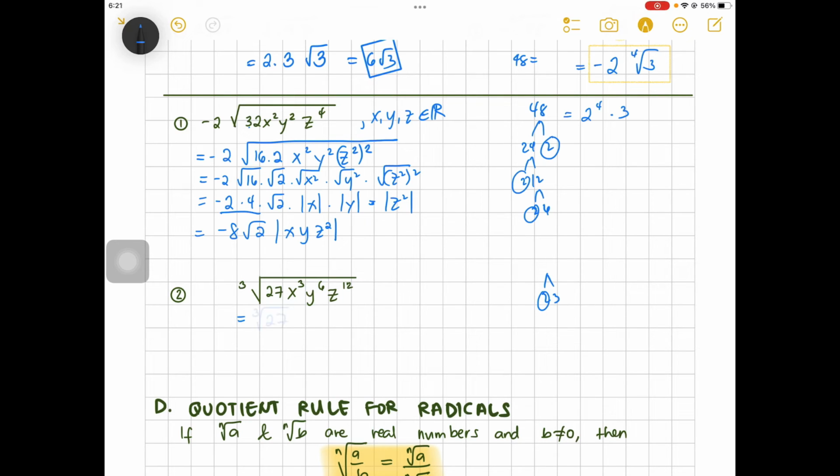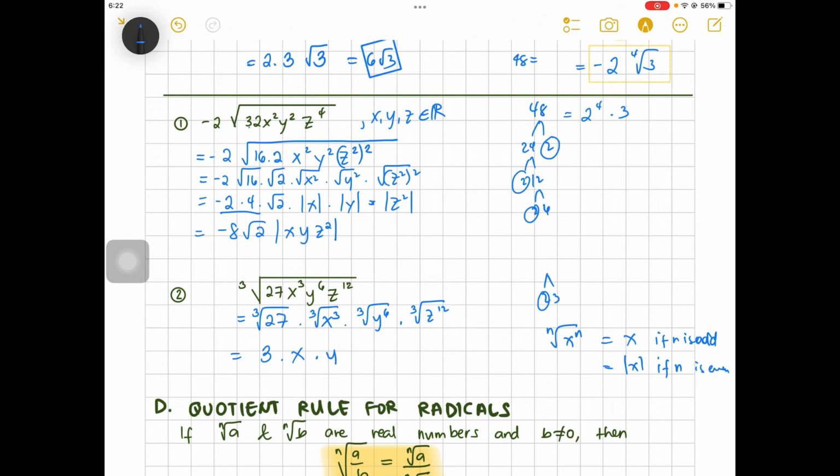For number 2, cube root of 27 x cube, y to the 6, z to the 12. Gagawin natin dito ay cube root of 27, cube root of x cube, cube root of y raised to 6, cube root of z raised to 12, and then we simplify. Cube root of 27, that's 3. Cube root of x cube, that is x. If you recall, diba, the nth root of x to the n is equal to x if n is odd, and it's the absolute value of x if n is even.